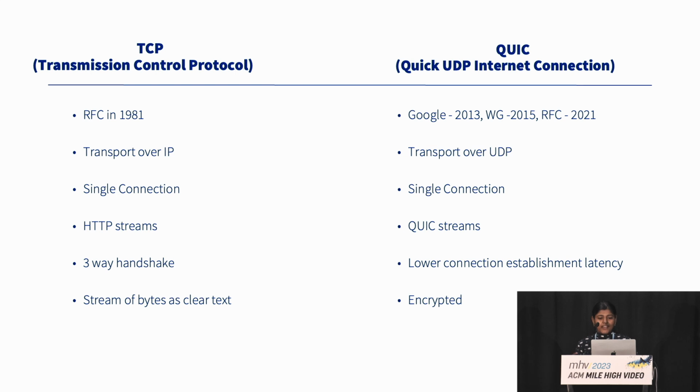Whereas in QUIC, the RFC 9000 came in the year 2021, and even though QUIC is a reliable protocol, it operates over the unreliable UDP, and within a single QUIC connection, there are multiple independent HTTP streams. And hence, it can establish a connection in as little as 0 round-trip time, and all the data is encrypted.